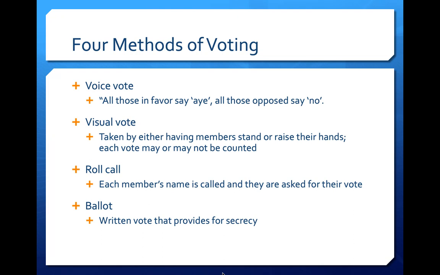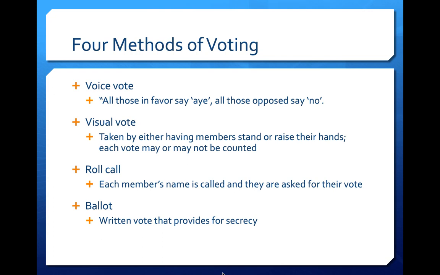Finally, there is secret ballot. A lot of times this is done whenever personal feelings might be involved, whenever you are voting for officers or something like that. A secret ballot is often used just to help preserve feelings, so that everybody doesn't know how somebody votes.